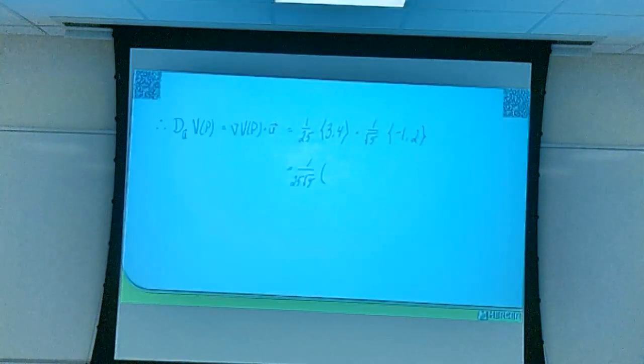Dot product of the scalar. -3 plus 8. Yeah. Right, 1/5√5 or √5/25, whichever one you prefer.